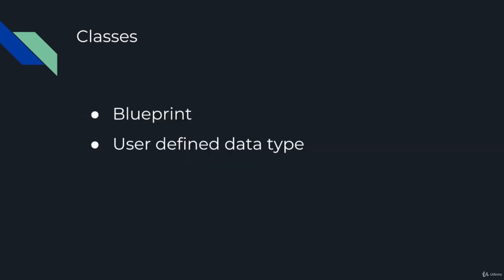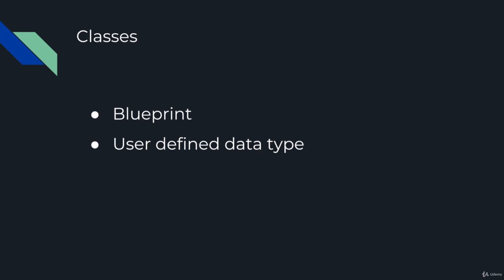So what are classes? Classes are nothing but a blueprint which is used to define objects. In our example, to create an object for a dog, you will first have to define its class. In the class you will define all the different states you want the object to have and all the different behaviors you want the object to have.